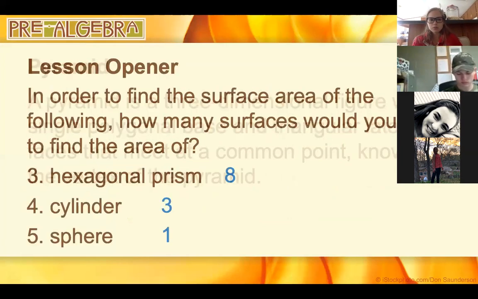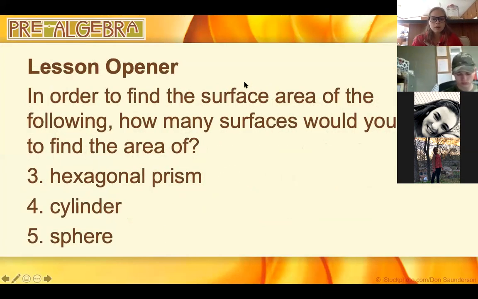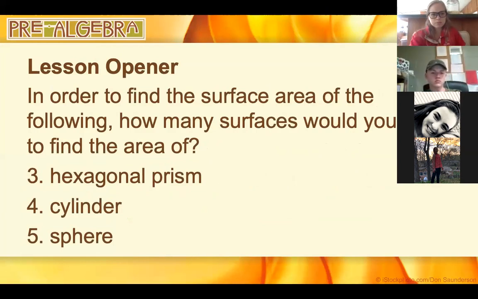All right, actually I want to do this one. The surfaces that you would have to find the area of. What is a hexagonal prism? What does that mean, Ethan? The bases are hexagons. Okay, the bases are hexagons.